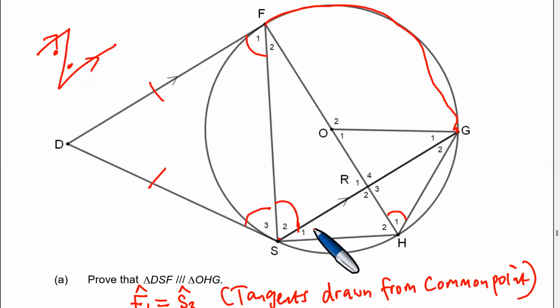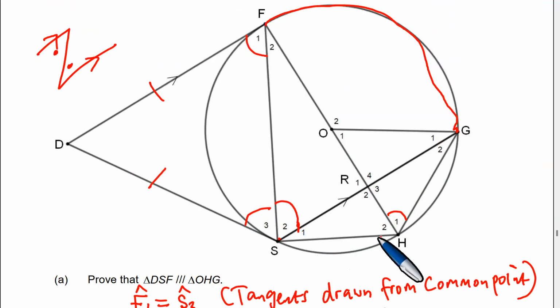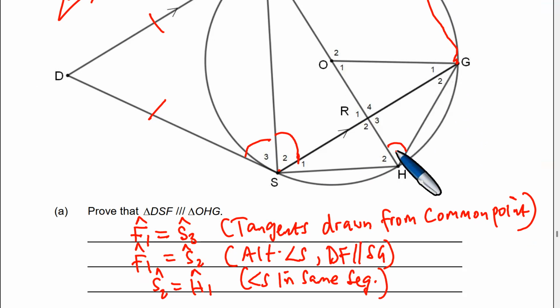Now, what have we got here? That means angle H1 is equal to G1 plus G2. This angle H1 is equal to that one. There it is, we got another angle, the second one.